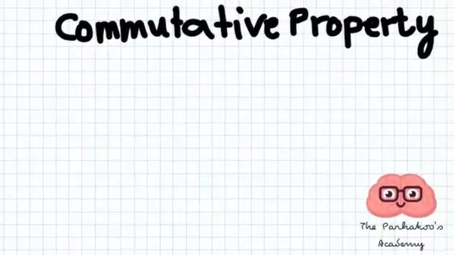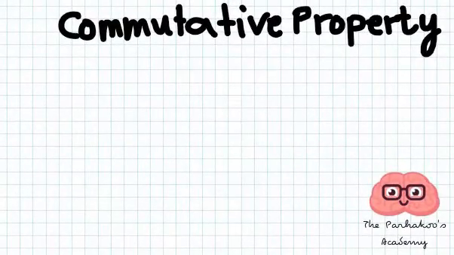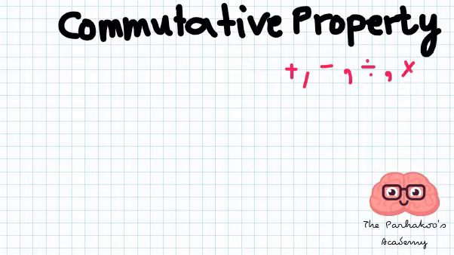So this is the first video on the properties of number system. When we are dealing with different numbers and the basic operators like plus, minus, division and multiplication, right? So these are the basic operators.